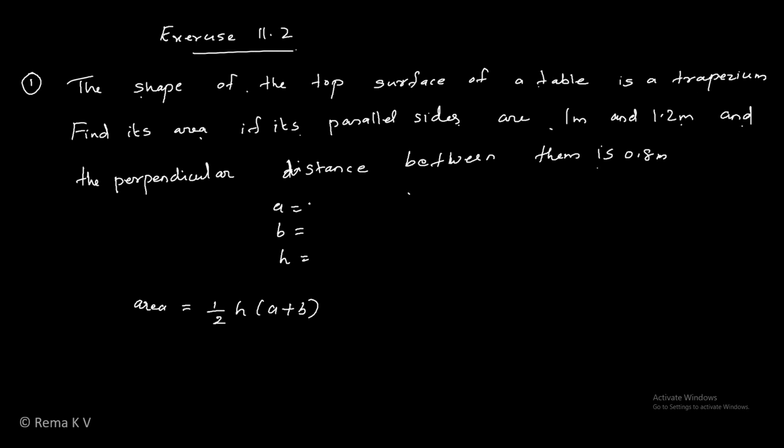Okay, see now A is given as 1 meter, B is given as 1.2 meter and H is 0.8 meter. Now we can substitute these values here: half into H is 0.8 into A plus B is 1 plus 1.2.